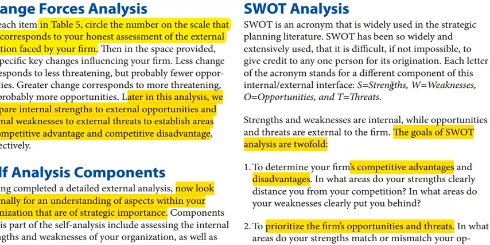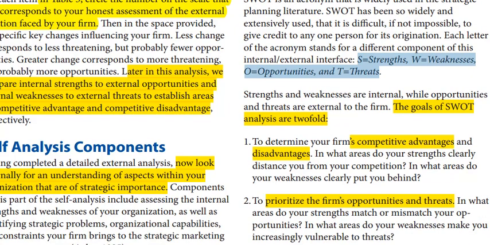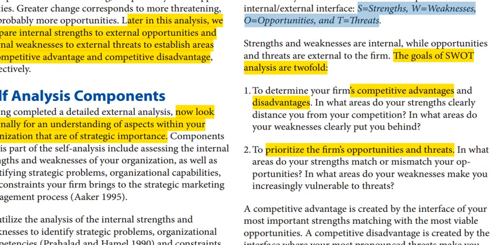Theory of SWOT analysis is based on strength, weakness, opportunities, and threat. Strength and weaknesses are internal to the organization, and opportunities and threats are external to the organization. The SWOT analysis gives us two things, and that is either competitive advantage or disadvantage for the company, and it also elaborates the areas in which your strengths and weaknesses are consolidated.